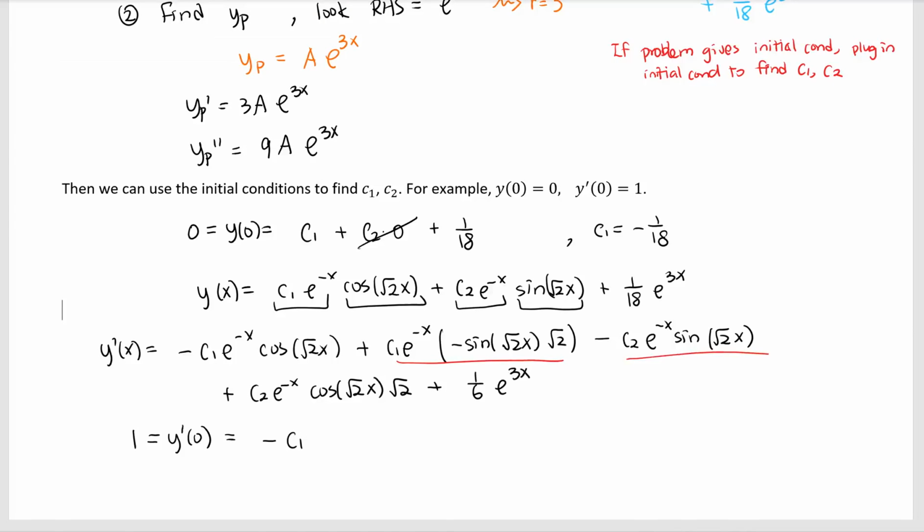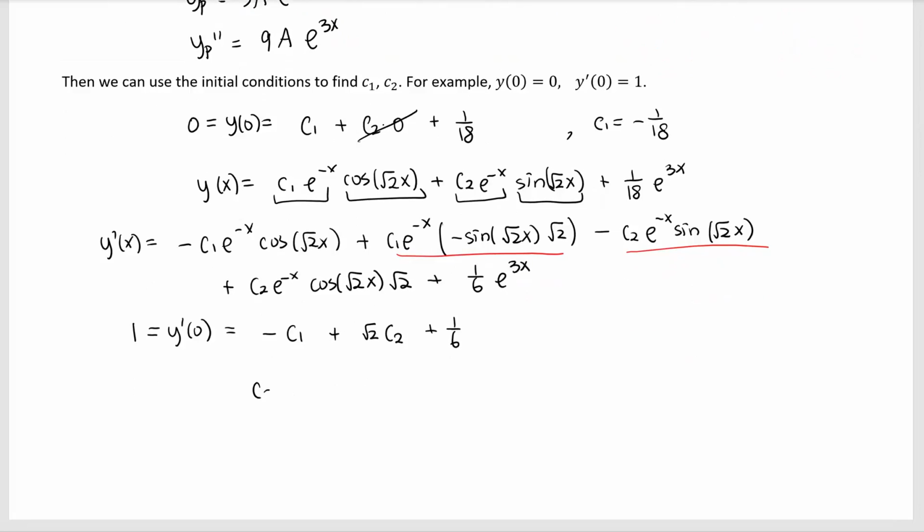The third term has a sine, so it's also gone. And then the fourth term we have the cosine. Cosine 0 is 1, so this is square root of 2 c2, and the last term is 1 over 6.